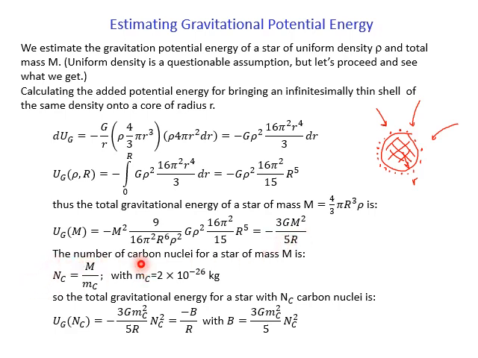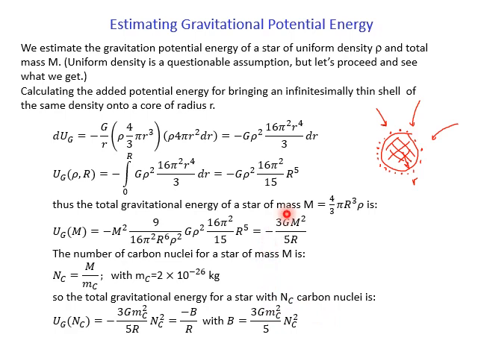So the number of carbon nuclei for a star of mass capital M is this total mass divided by the mass of carbon. And then the total gravitational energy in terms of the number of carbon nuclei, right? So then we just ask how many nuclei do we have in the system, is 3/5 gravitational constant, mass of a carbon nucleus squared times the number of carbons squared as well.